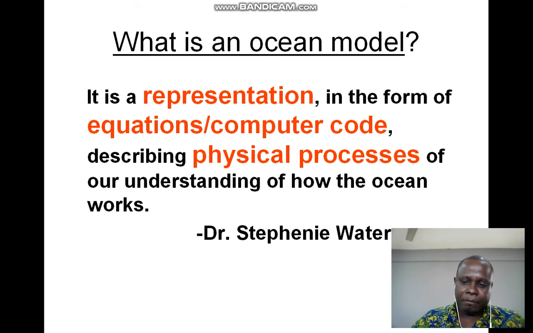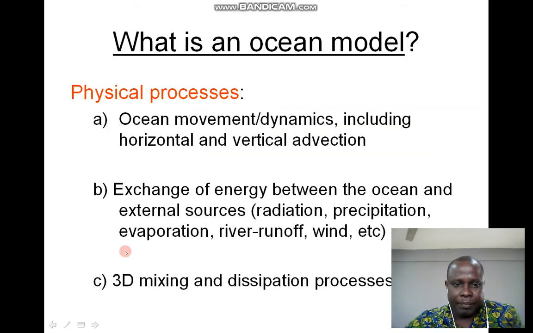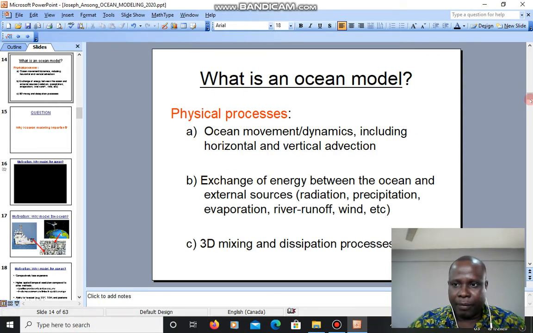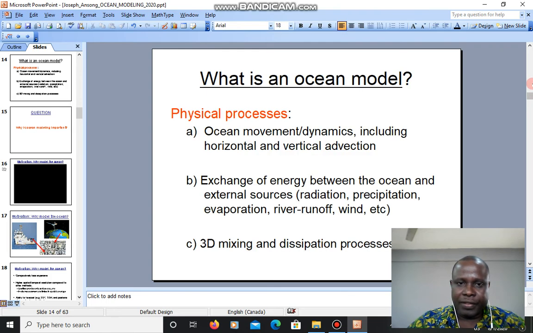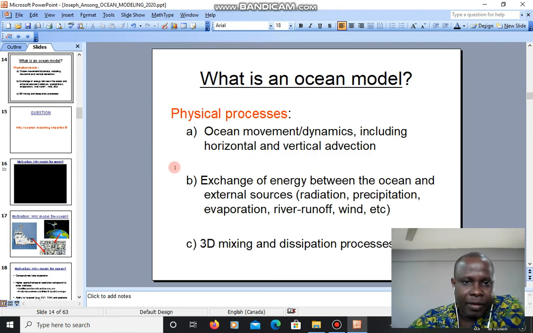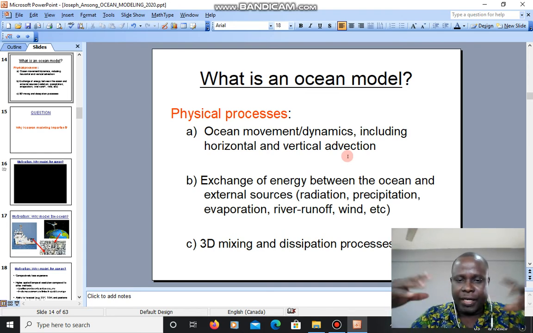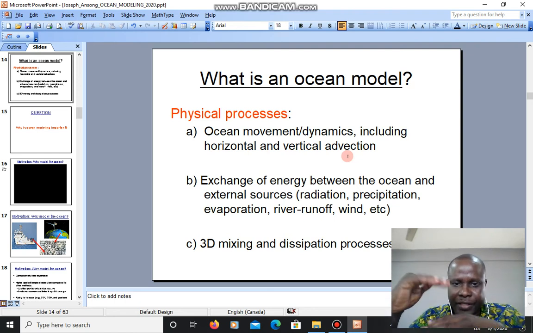Okay, and so some of the processes in the ocean that we want to model, of course, are the movement of currents, the dynamics that is happening both horizontally and vertically. There is exchange of energy between the ocean and the external sources, for example, the atmosphere.